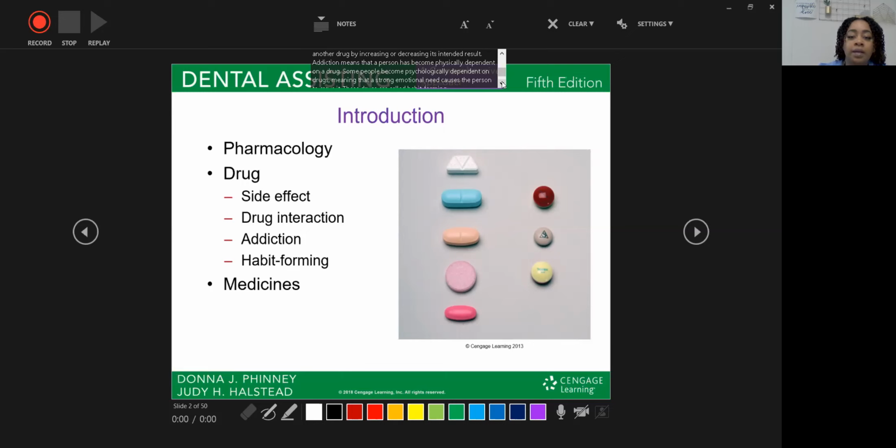The meaning of that is some people have strong emotional needs that cause different cravings. So these drugs that we'll get into are called habit forming.